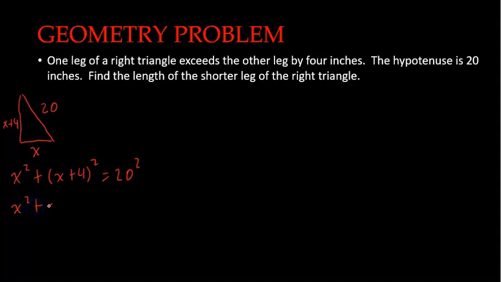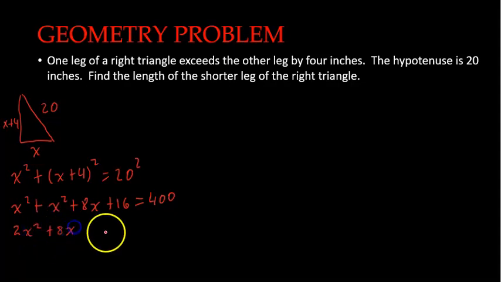And this is x to the second power plus 8x plus 16, equal to 400. Now we can add the like terms and subtract 400 to set the equation equal to 0.